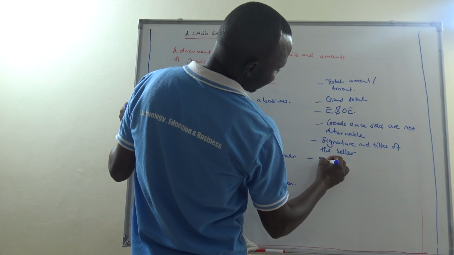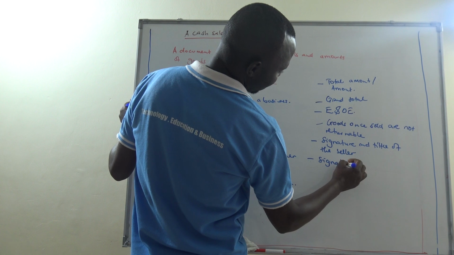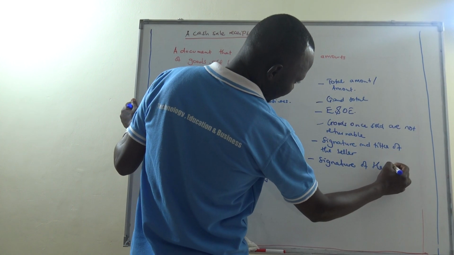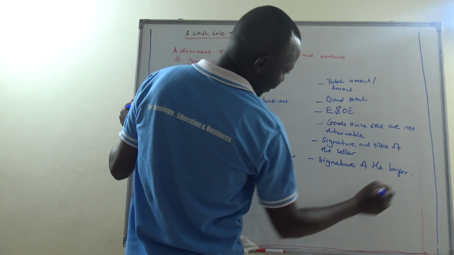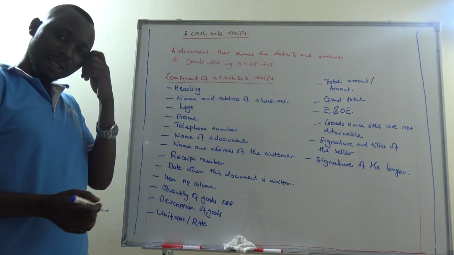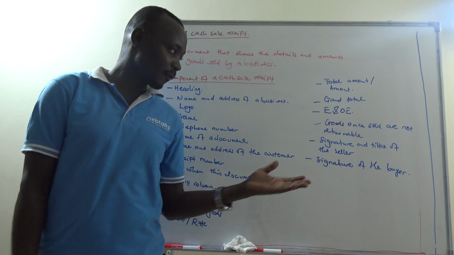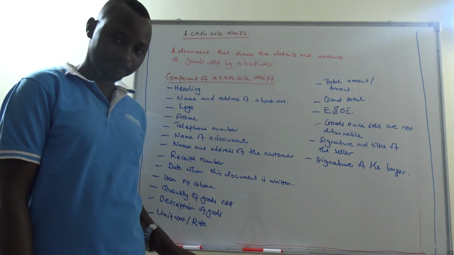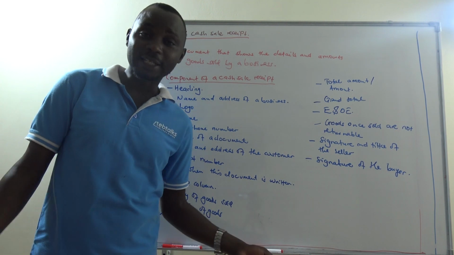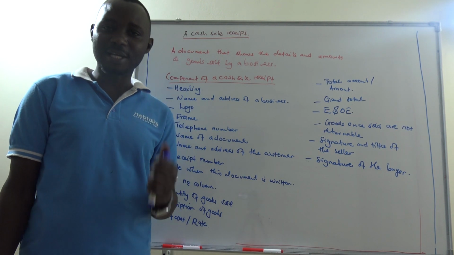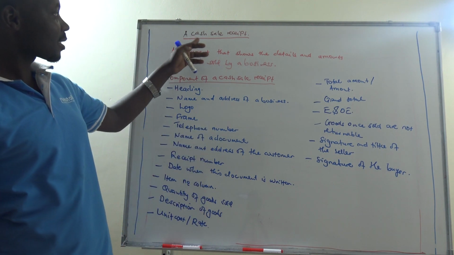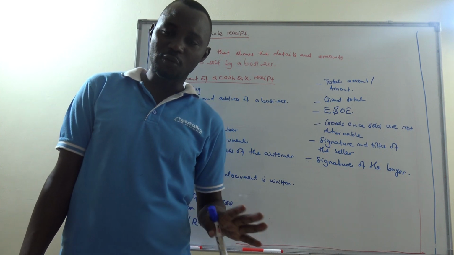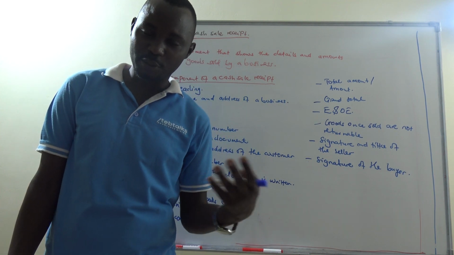Then we need signature of the buyer, and other relevant components that we could have not showed here. So these are some of the components, the contents, the features of a cash sale receipt, a document that shows the details and amounts of goods sold at a given period of time.